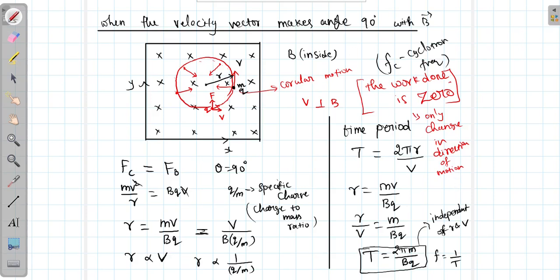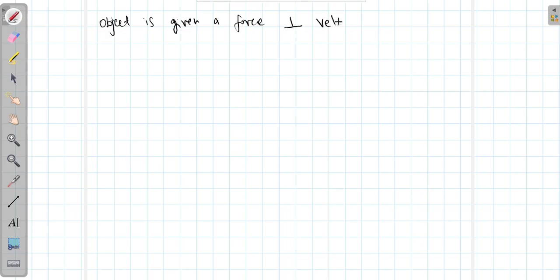We actually studied this concept in class 11 also. When an object is given a force which is perpendicular to velocity, it only changes the direction.